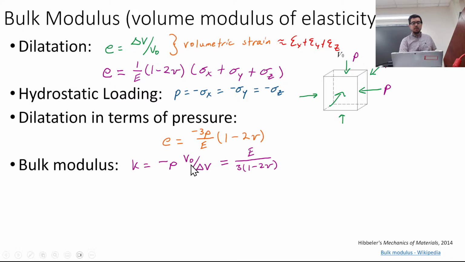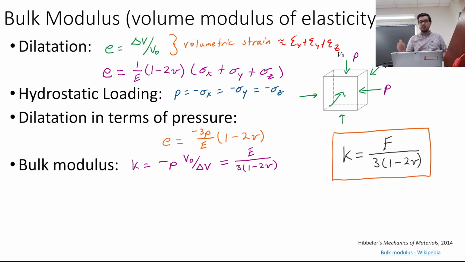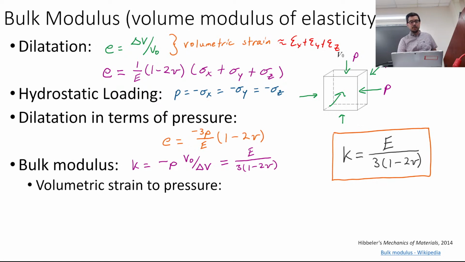And you see this is V naught over delta V. You move this to this side, and then you've got this quantity right here, and there's a negative, so it comes out directly from here. This is something you might want to write on your sheet for exam 1.